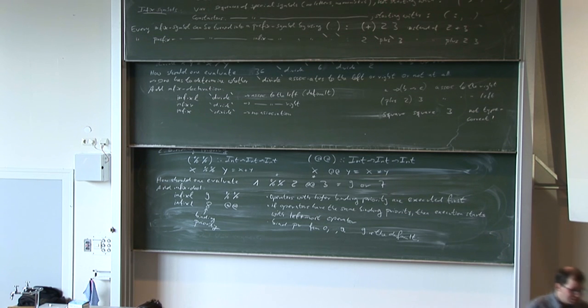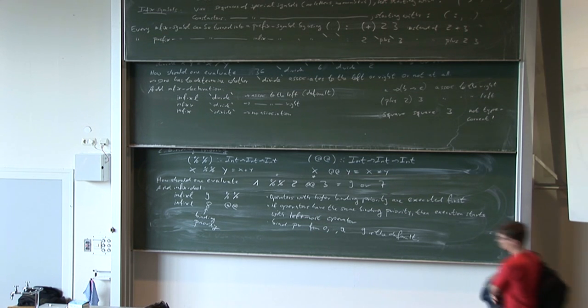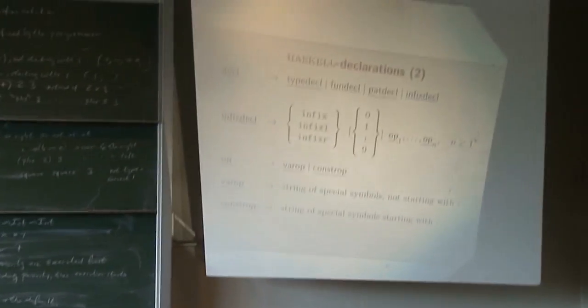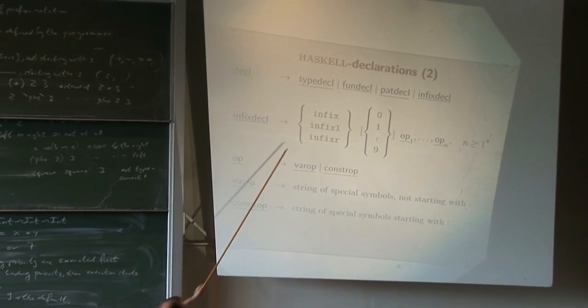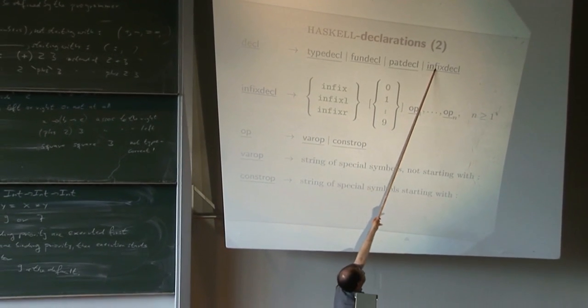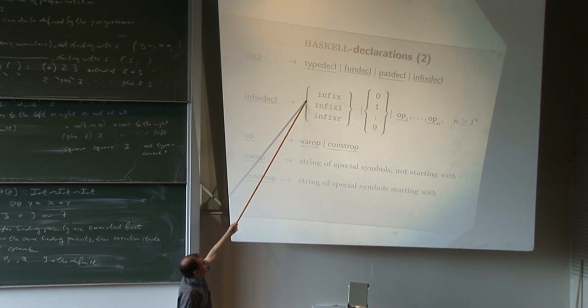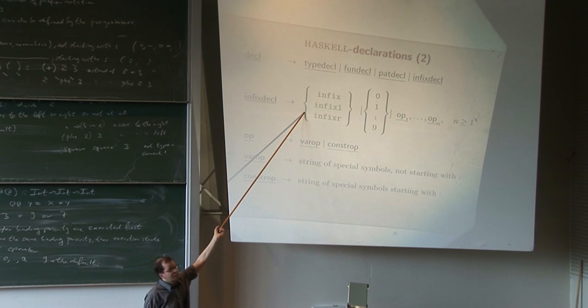Okay, so to have infix declarations, there's a straightforward extension of this grammar. Now a declaration can also be an infix declaration, and the infix declaration looks like this. These curly brackets in the grammar are just a notation to save space.